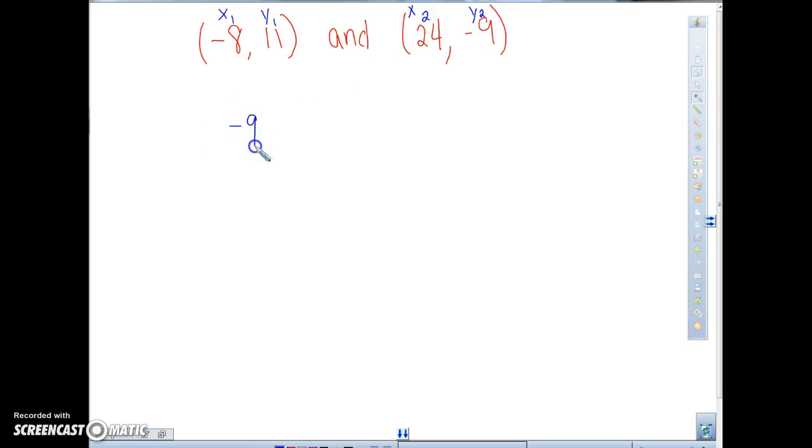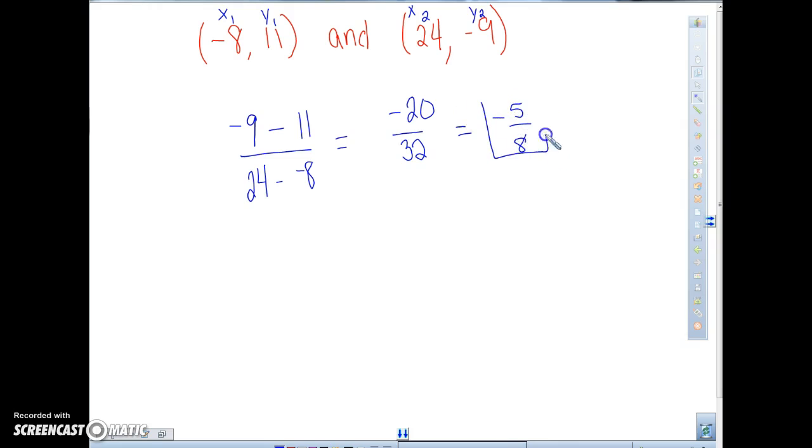So we have -9 minus 11 divided by 24 minus -8. So we have -9 minus 11, which is -20, divided by 24 minus -8, which is 32. Now these don't reduce to a whole number, but they do reduce, and so it reduces to -5 over 8.